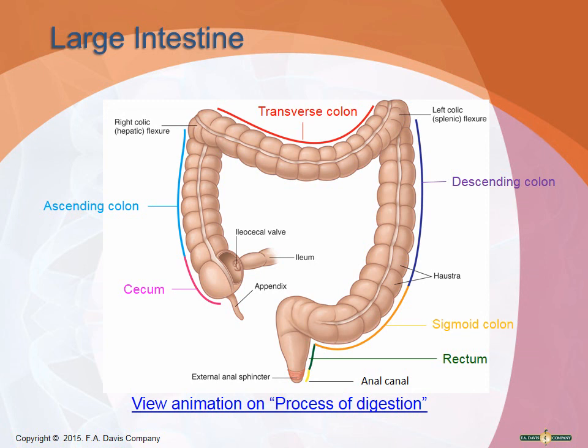Some of the changes with aging are listed on the bottom of 407, which are interesting. The muscle wall weakens and peristalsis slows, so constipation and hemorrhoids can occur. And those of you that work in long-term care know that there are many people that become bowel obsessed.